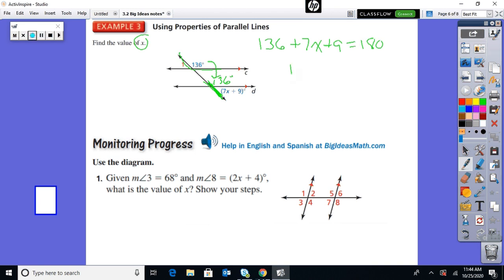Put your like terms together: 145 plus 7x equals 180. So 7x is 35, so x is 5. If you wanted to plug it back in, you could check and make sure you got 44 for this angle here. 35 plus 9 is 44. There you go.